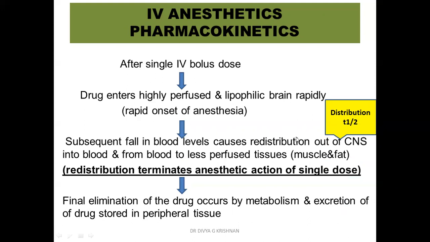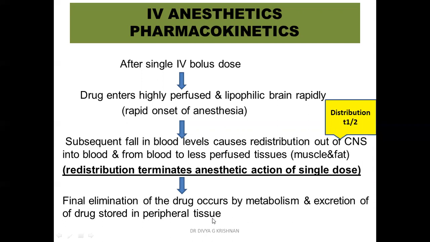The final elimination of the drug, however, occurs only after metabolism and excretion of the drug stored in the peripheral tissue. That means after redistribution, it reaches all the less perfused tissues like muscle and fat, so there is termination of its action in the brain. But the drug has still not left the body.